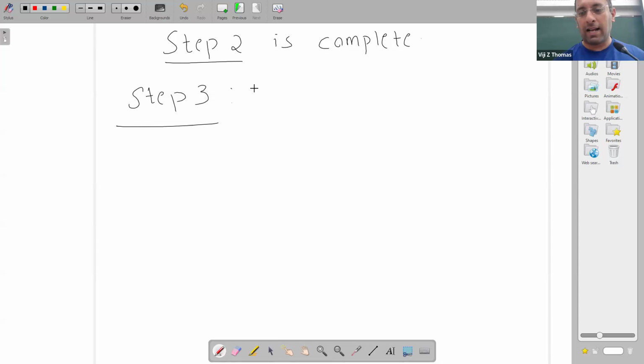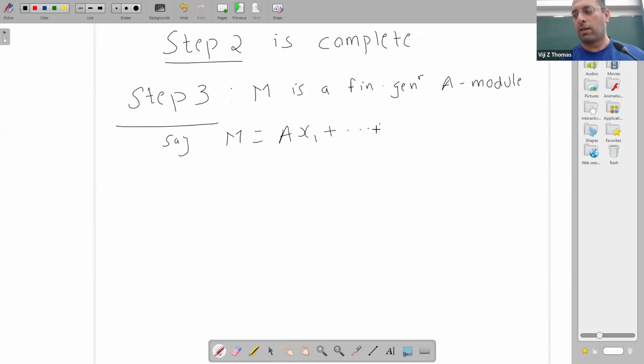Now we will start. This we have not used yet: M is a finitely generated A module. Say M can be written as A x_1 plus dot dot dot A x_r. If M is finitely generated, then any quotient of M is finitely generated.